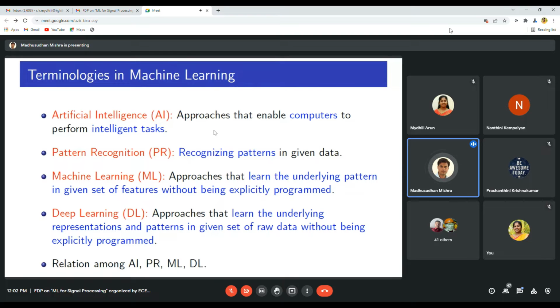So there is no need to explicitly program, but it tries to learn the pattern with the help of features. Now the question may be, what do you mean by features?